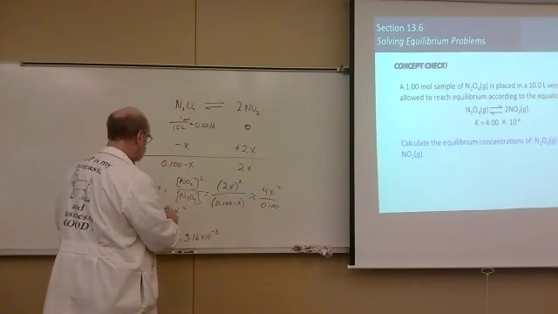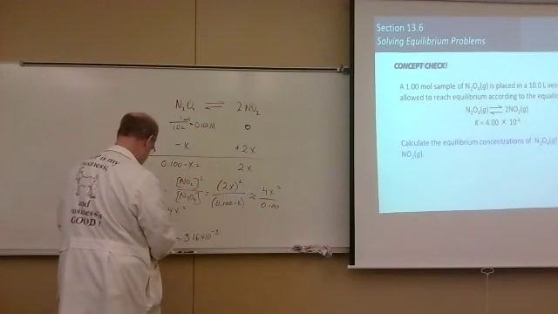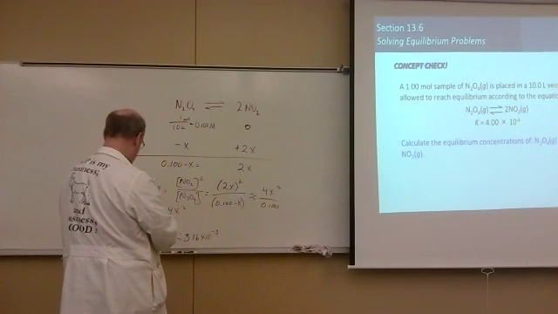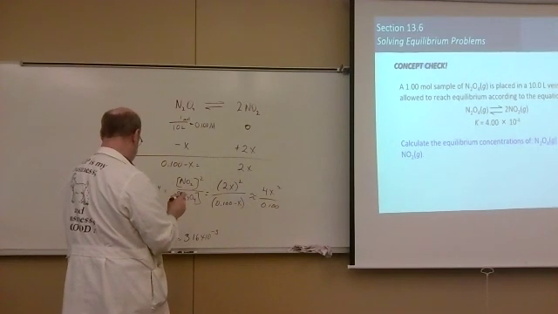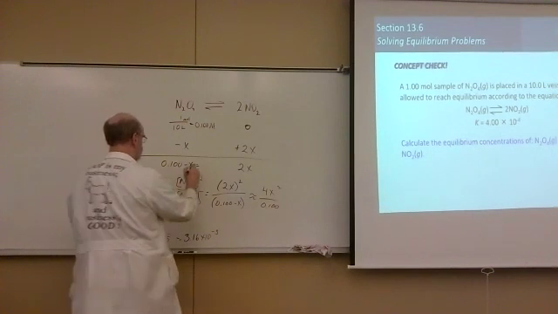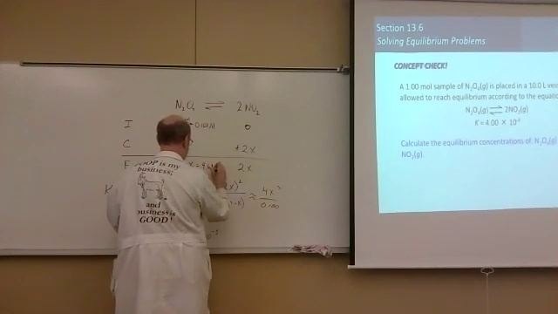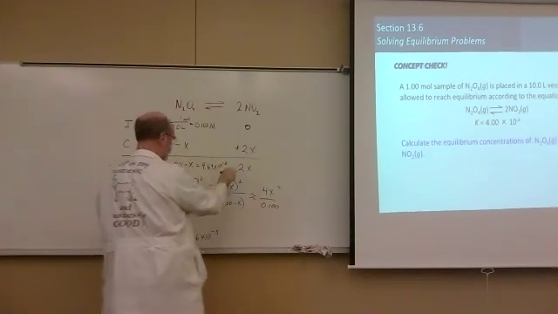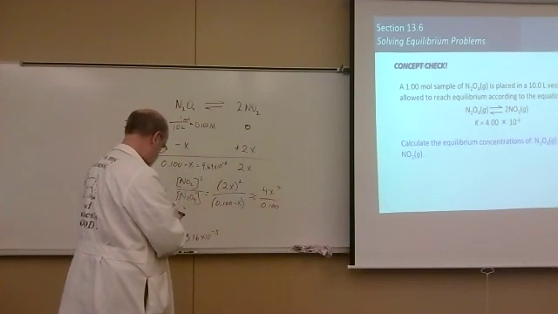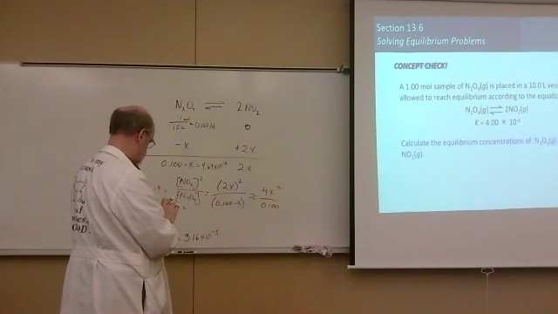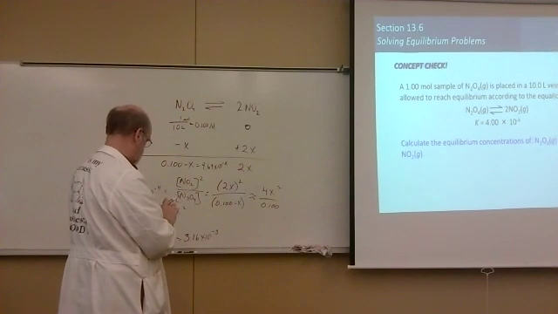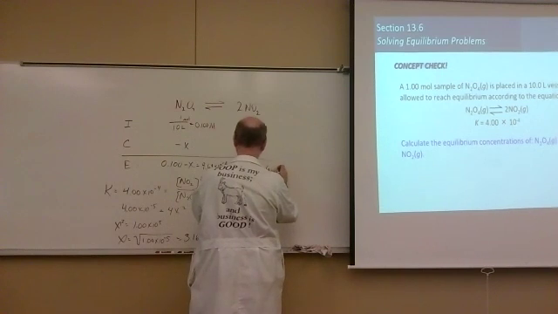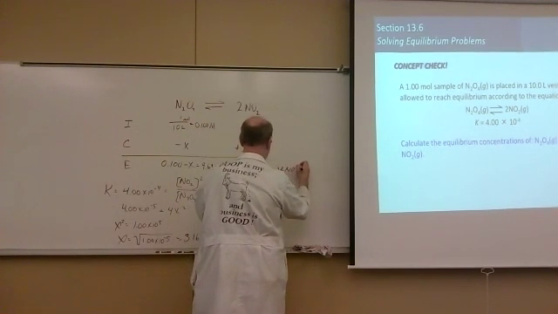Okay. So 0.1 minus x then would be that value subtracted from 0.1, which is 9.69 times 10 to the minus 2 for this one, and 2x would be that one times 2, which would be 6.32 times 10 to the minus 3.